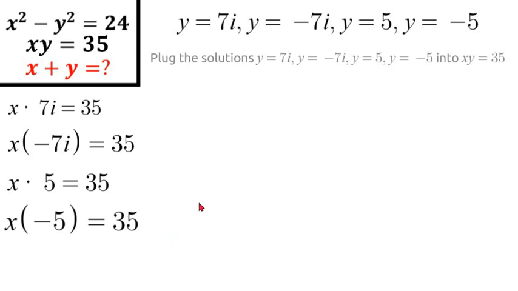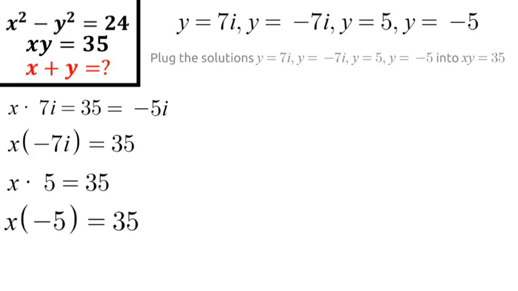Our goal of this is to solve for x. So these are our four plugins, right? We plugged in our 7i, negative 7i, 5, and negative 5, all for our y values, and xy is equal to 35. So let's just solve for that. We would first have x times 7i is equal to 35, so we divide by 7i on both sides, which would leave us with negative 5i.